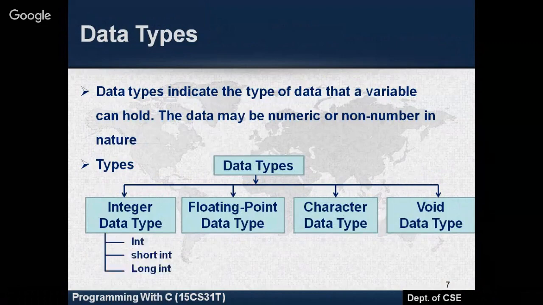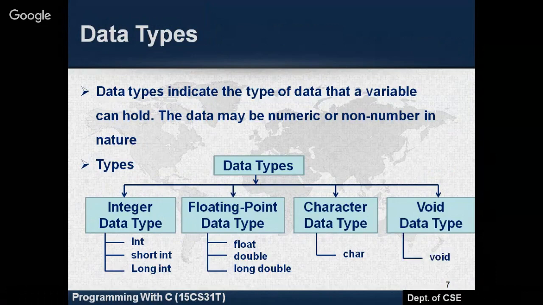For integer data types, you use keywords like int, short int, long int, and unsigned int, along with the signed and unsigned keywords. For floating point, you use three keywords: float, double, and long double. The char keyword indicates the char data type. The void data type doesn't have any values.